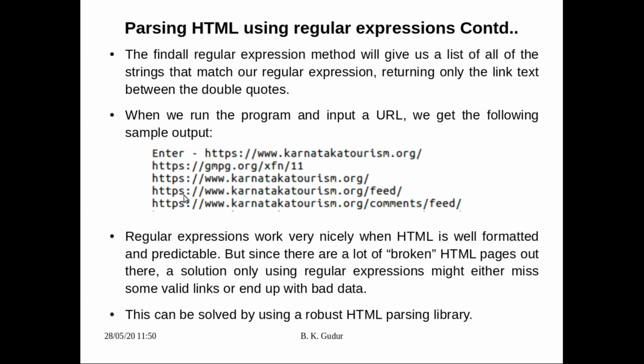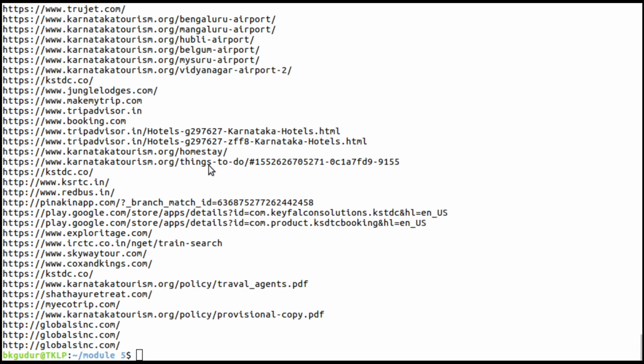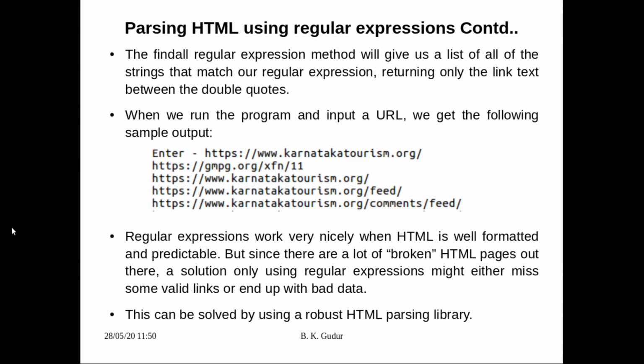Such things you can see in the terminal. If we go to the terminal, it has listed only those links which start with either HTTP or HTTPS. But apart from these, there will be so many other links which don't start with HTTP or HTTPS. Such links we have not got using this regular expression, meaning the regular expression is unable to catch all those links.